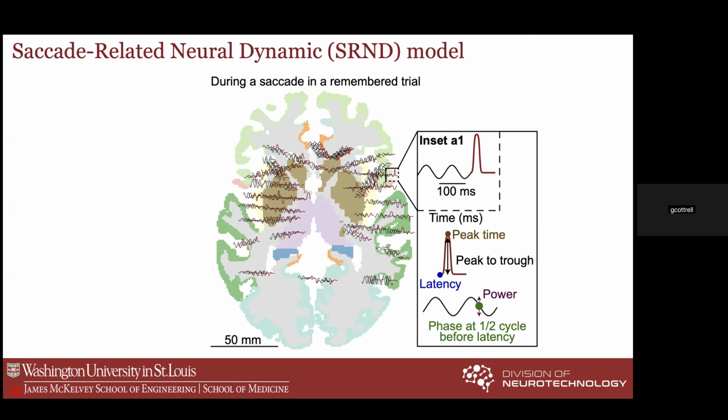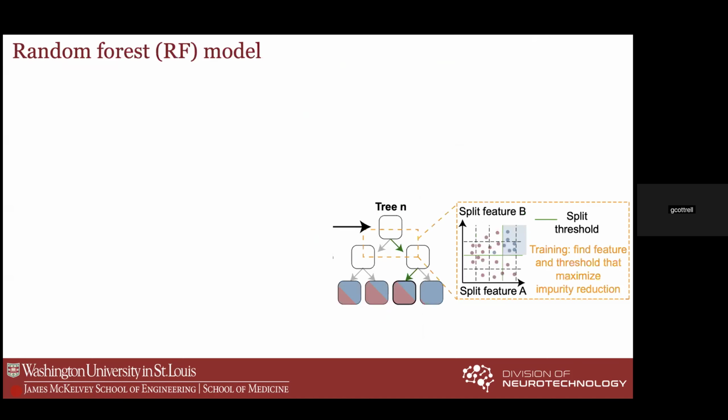This includes the pre-saccade oscillatory component using 2 parameters, the power and phase, half an oscillation cycle before the evoked potential onset. And we use 3 parameters, latency, peak time, and amplitude, to characterize the evoked potential. With that, now we want to learn the mapping between these parameters and memory outcome.